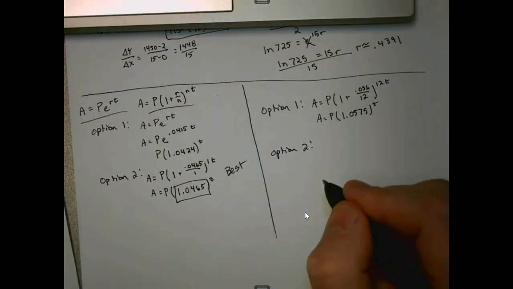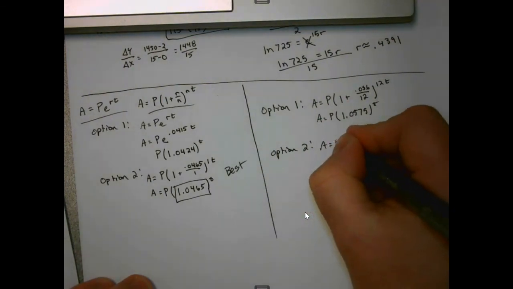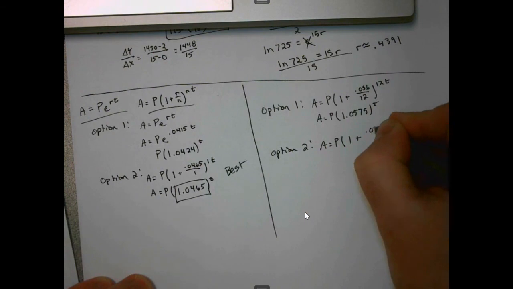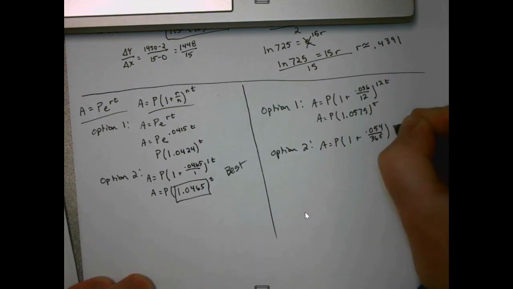And then option 2 is compounded daily. So A equals P times (1 plus 0.054 over 365) to the 365t.